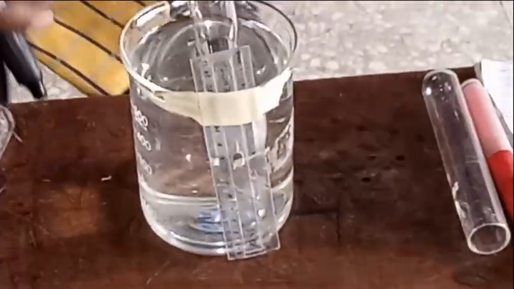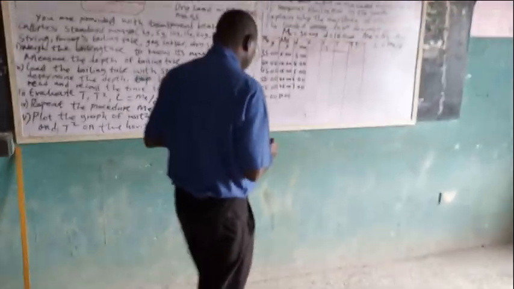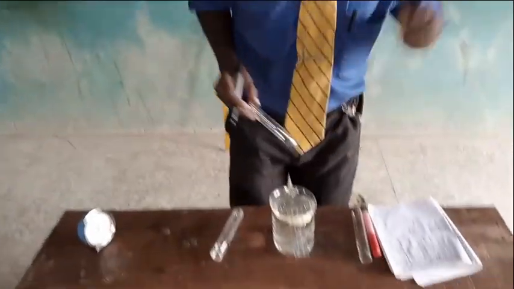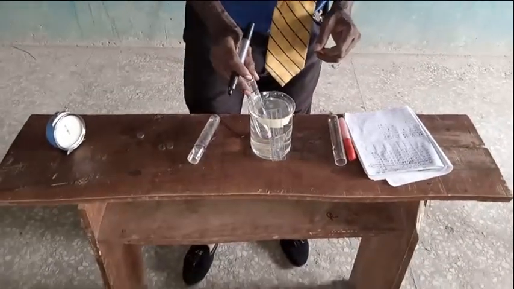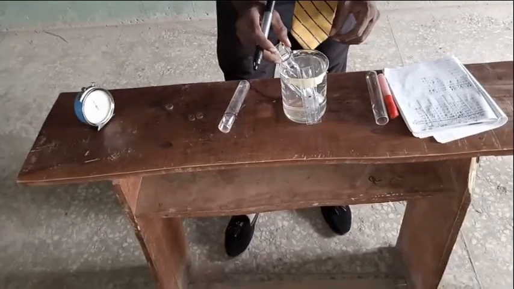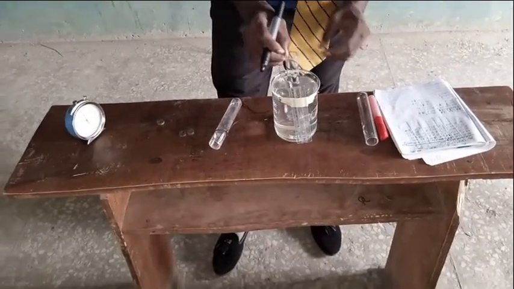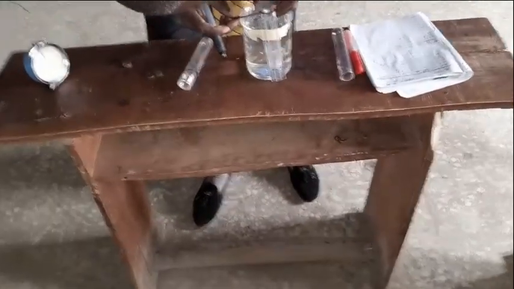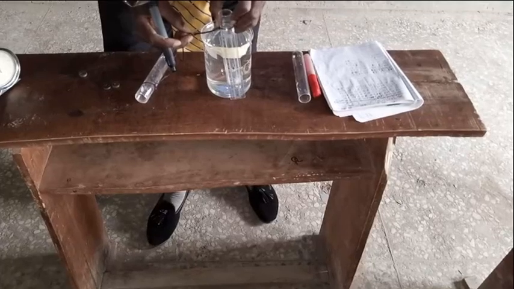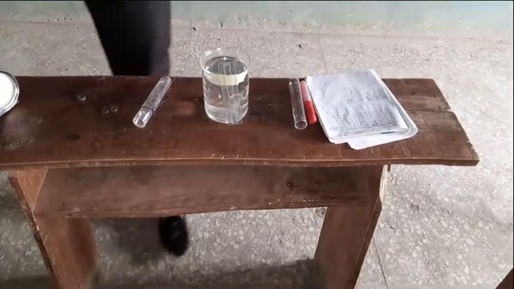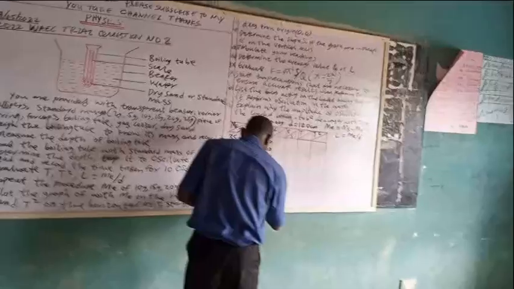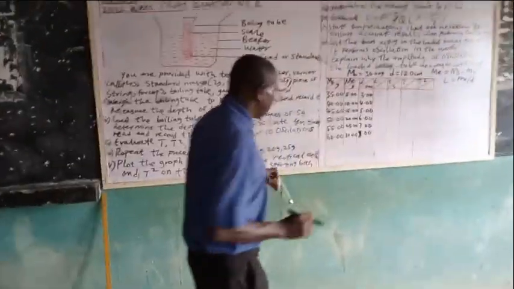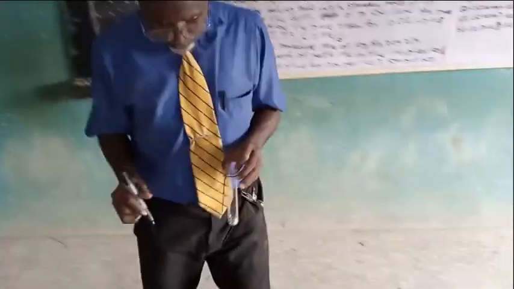It drops to 3. 12 minus 3. So we determine the depth.